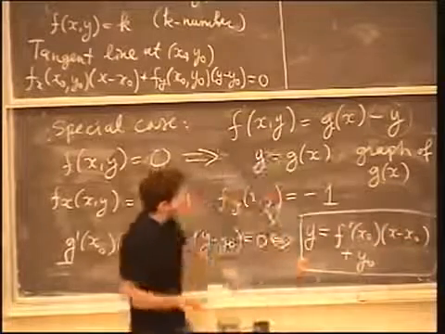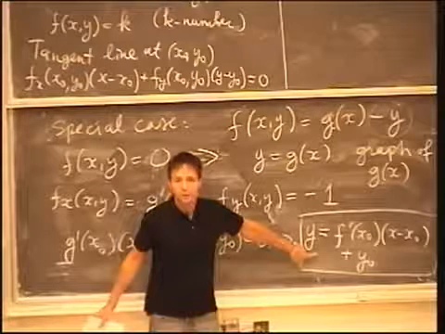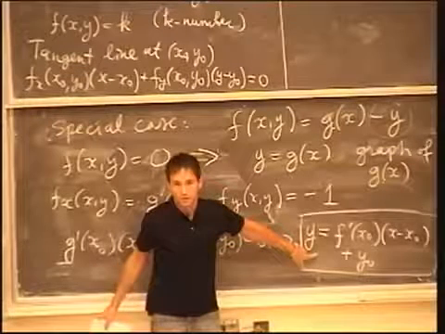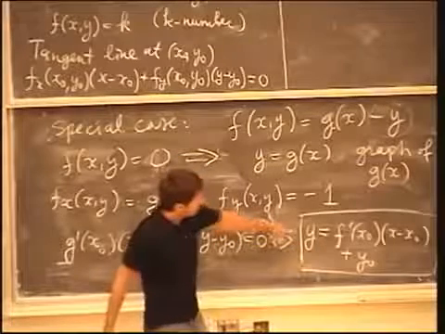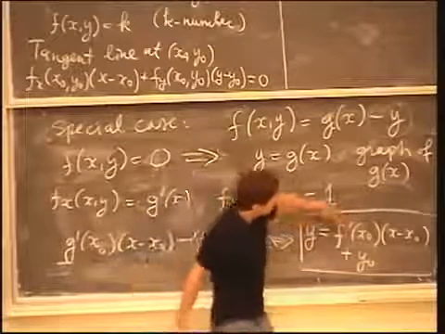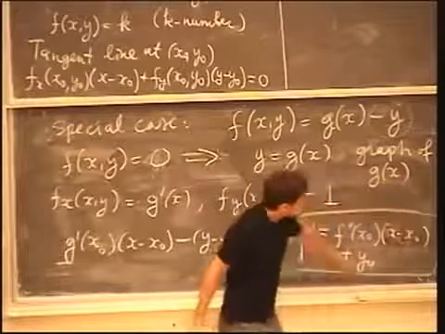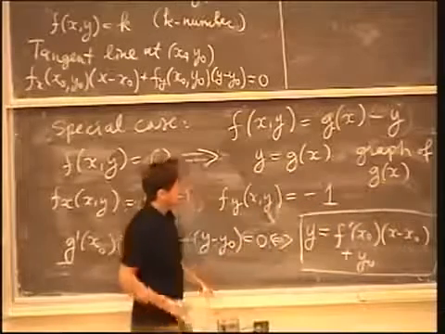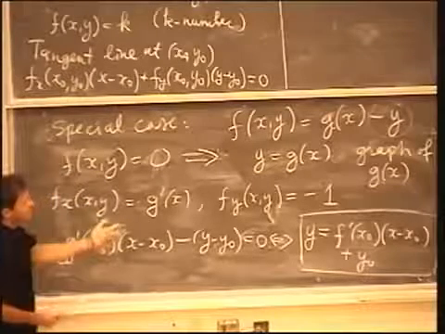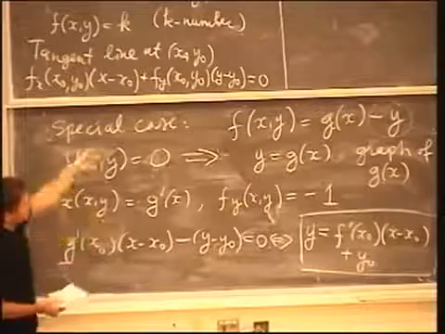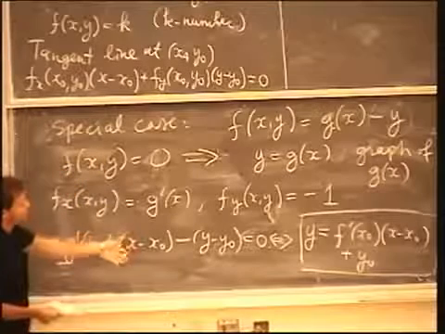We recover the old formula for the equation of the tangent line to the graph of a function in one variable. That formula is exactly this one, right? The slope is f prime. You multiply x minus x0, and you add the value of the function at the point x0, which is y0, right? So there is nothing mysterious in these formulas. In this special case, we get back the old formula we've known all along.